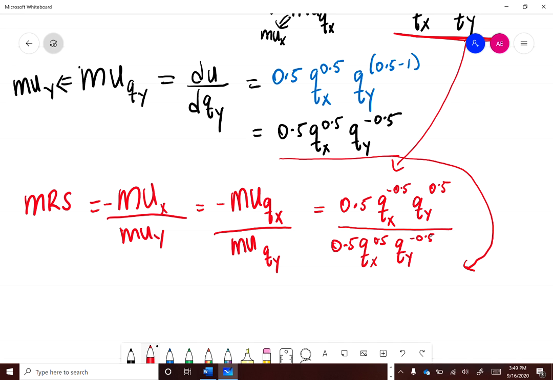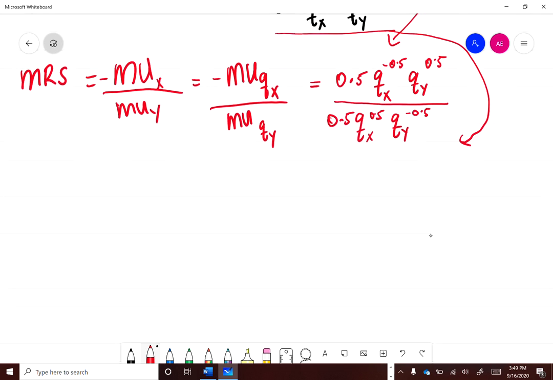So we'll notice some things happening here. First of all, anything raised to the power of negative, so if we have a raised to the power of negative 2, this is the same thing as saying 1 over a to the power of 2. Okay, what does that mean for us?